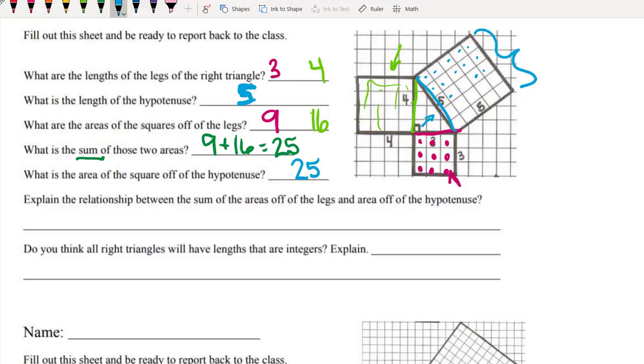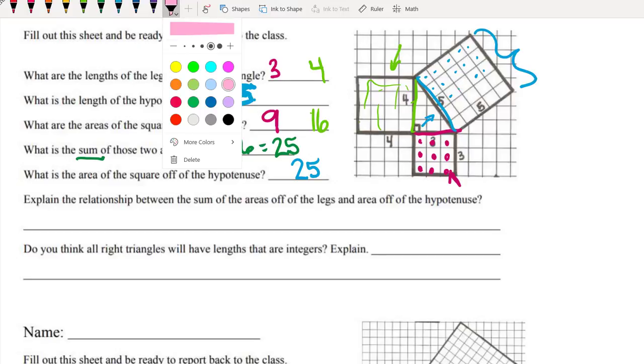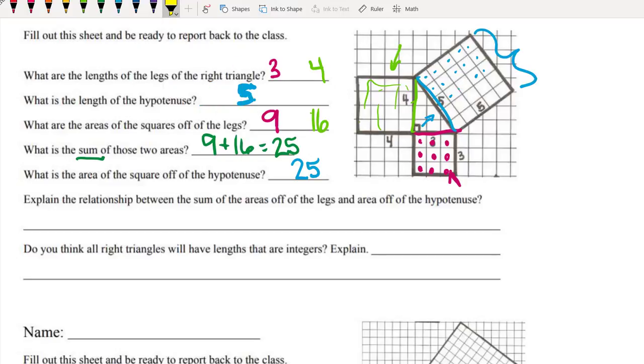Explain the relationship between the sum of the areas off of the legs and the area off of the hypotenuse. I'm not sure if you've noticed, I hope you have. Look right here. When we put these two areas together, it's the same as the area of the hypotenuse.